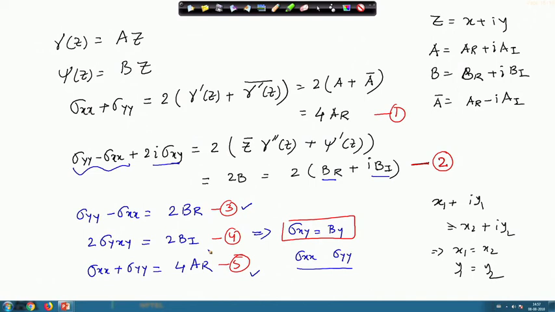So, whatever information you have about the stress boundary condition, you can substitute that and get the relation for br, bi and ar. Now, do the same exercise for displacement. You recall what the displacement formulation was.